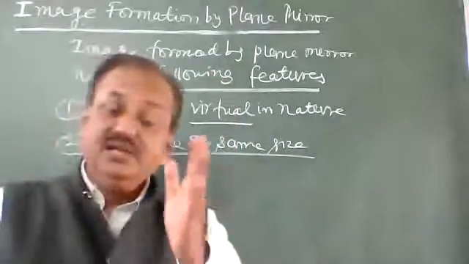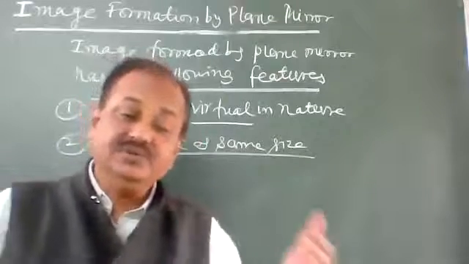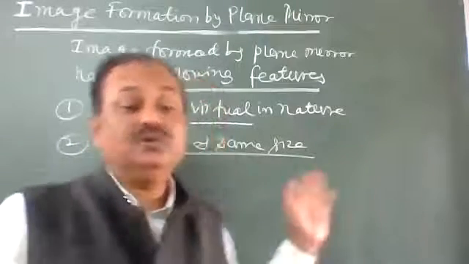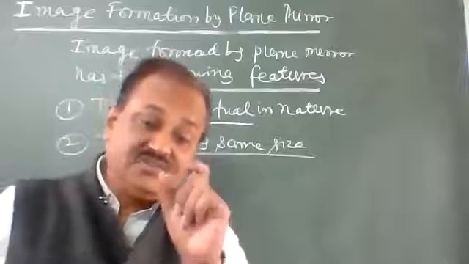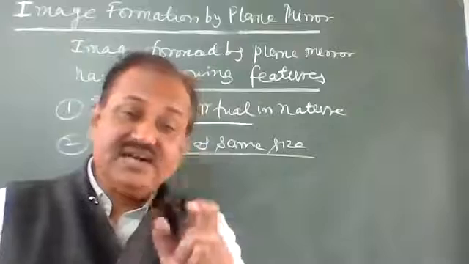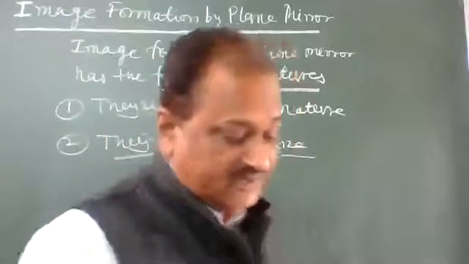That's why in two-wheelers or four-wheelers, the side view mirrors are actually convex mirrors, because they form very sharp images of larger distances. So this is the second point.